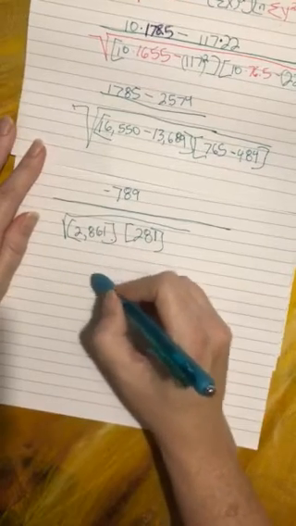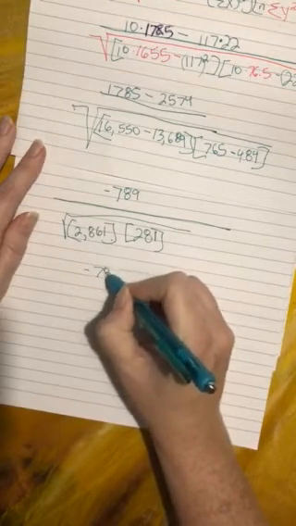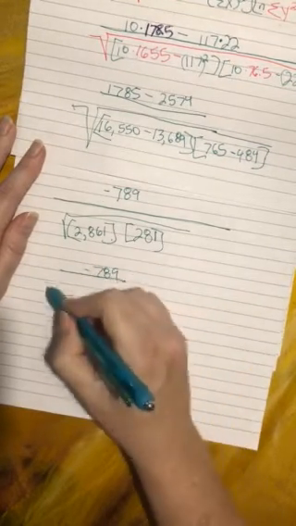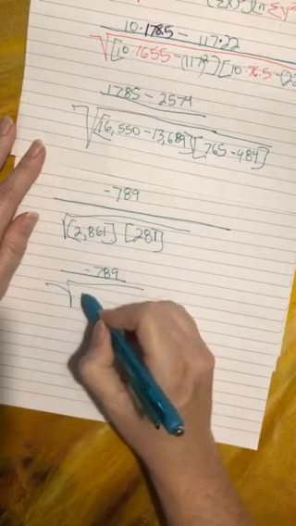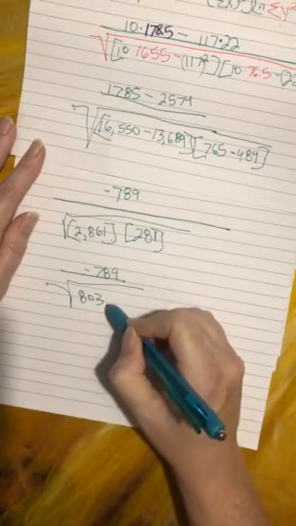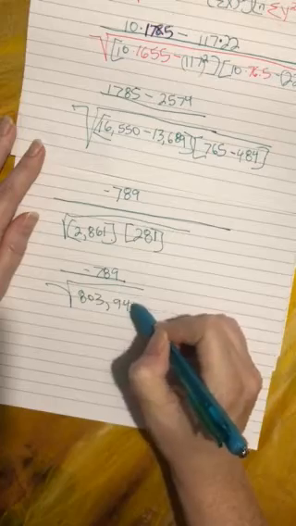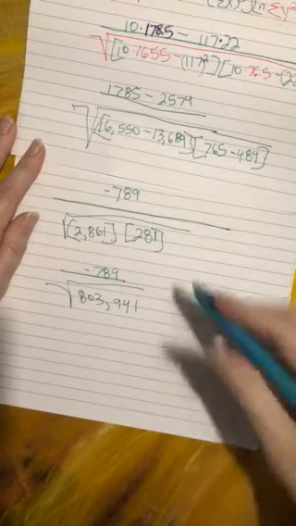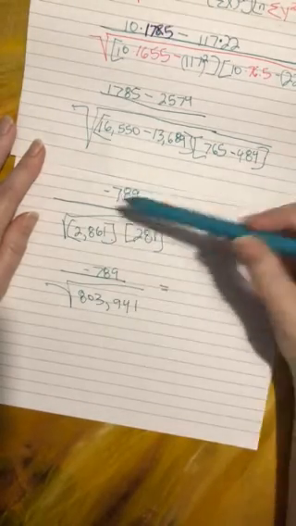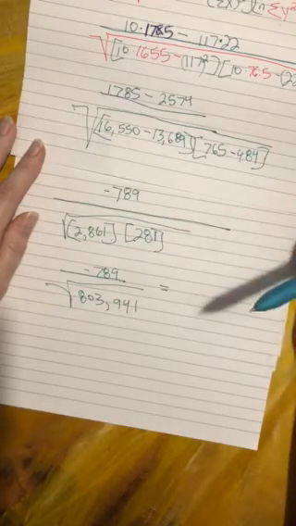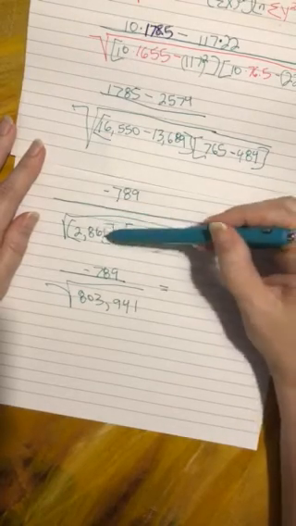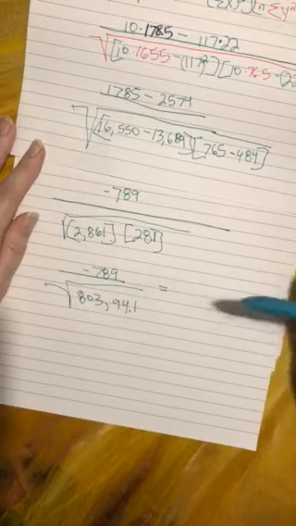Going on, negative 789 over the square root of 803,941. So that's just 2,000 blah blah blah times 200 blah blah blah, right? So here, this times this is that.